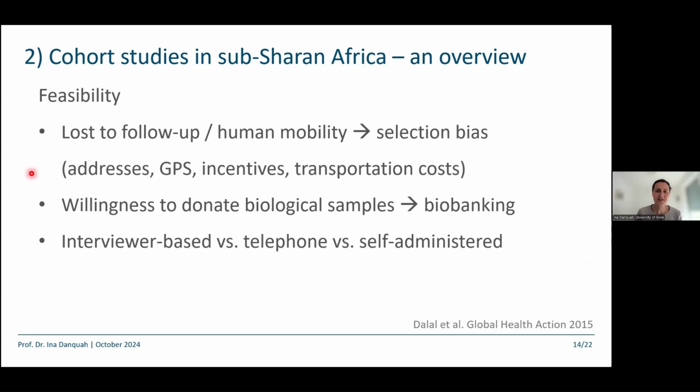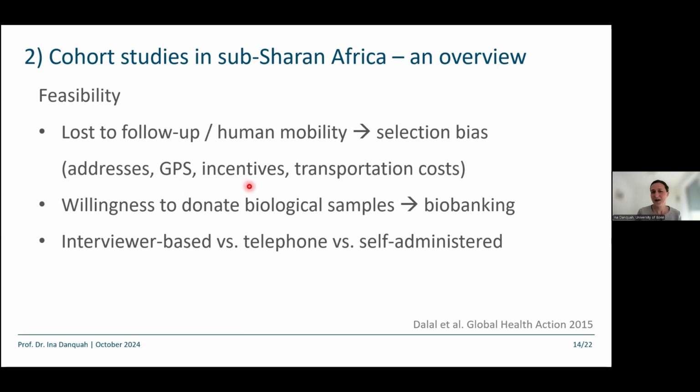But we also have very simple challenges, which may look simple, but are actually complex to address. In many countries, we don't have regular addresses like street names and house numbers, but we have to rely on geopositioning system information, which is not everywhere available and can make your project quite costly.